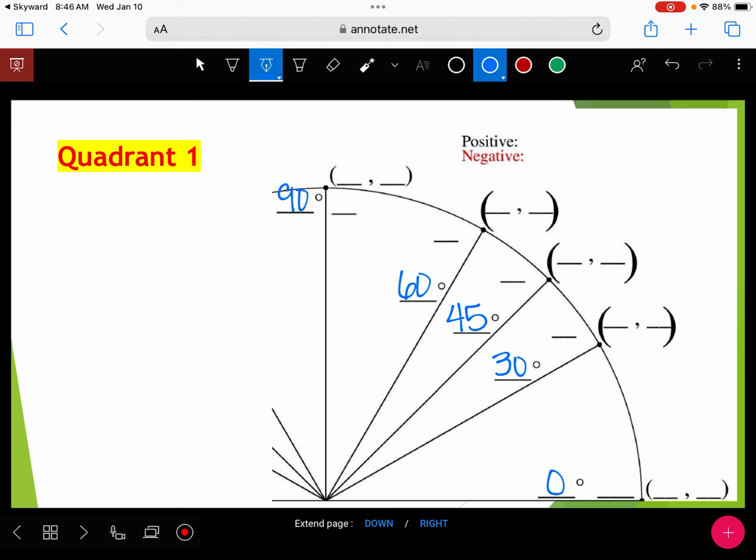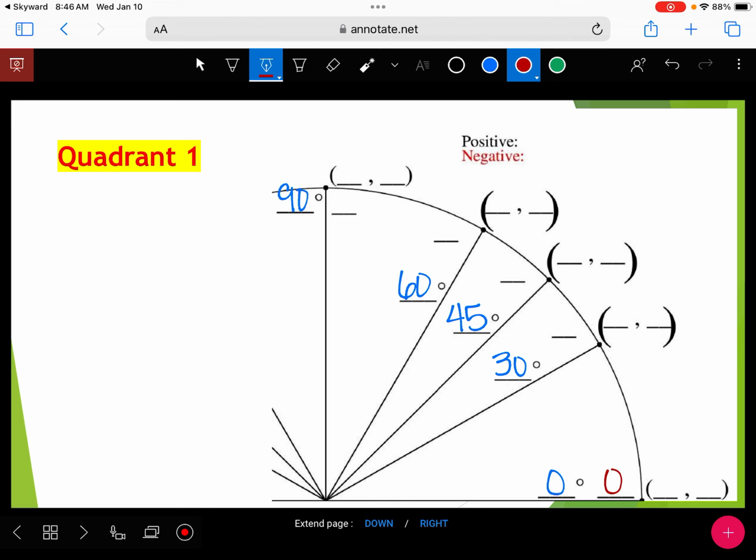All right, so next to it, we're going to go back in and write those angles in radians. And that's what these lines are for. So 0 degrees in radians is still 0.